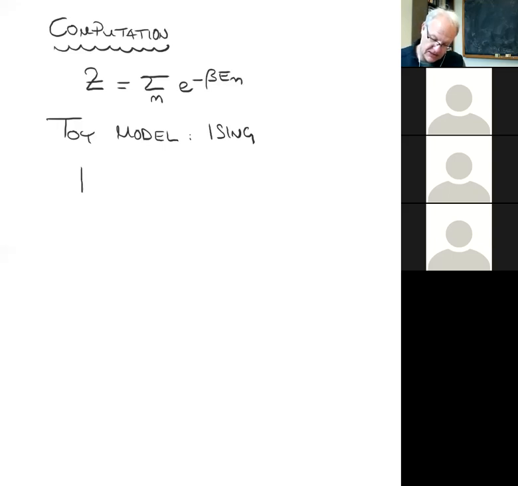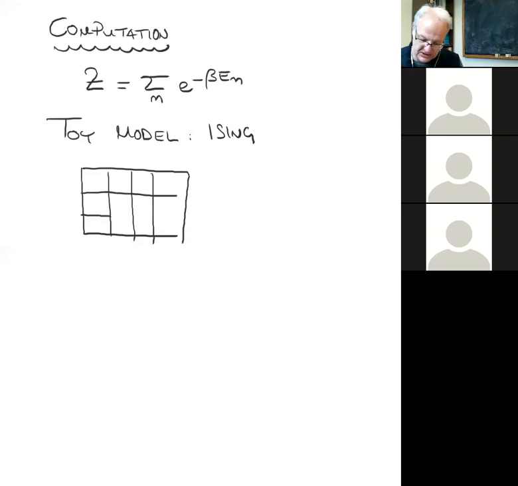And we imagine that this magnet lives on a lattice. And just to make it easier to draw, I will assume that it's just a two-dimensional magnet, so living on a two-dimensional lattice. But the Ising model is easy to generalize to 3 dimensions or 1 dimension. Anything you want. So there's a two-dimensional lattice.